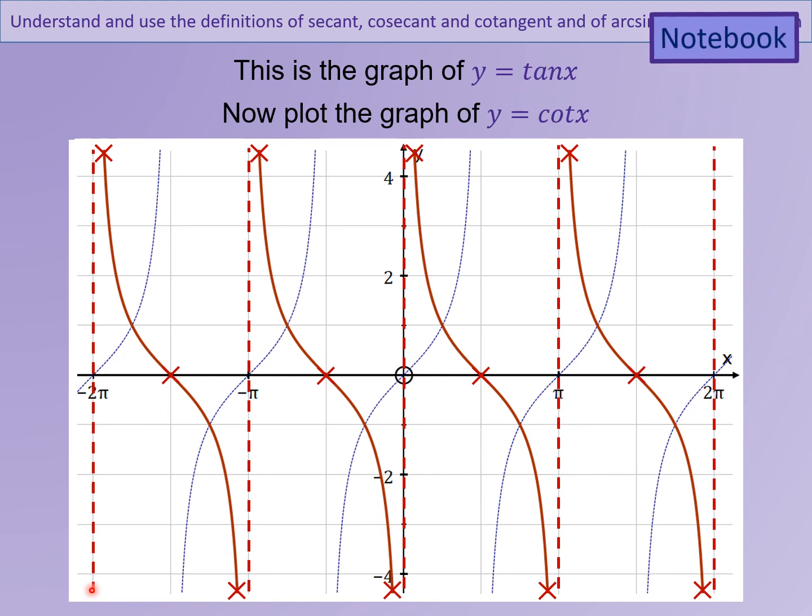The inverse graphs, sine to the -1, cos to the -1, tan to the -1. But also the reciprocal graphs, the 1/sine, which is called cosec, the 1/cos, which is called sec, and the 1/tan, which is called cot. You need to learn all 9 of those graphs off by heart.